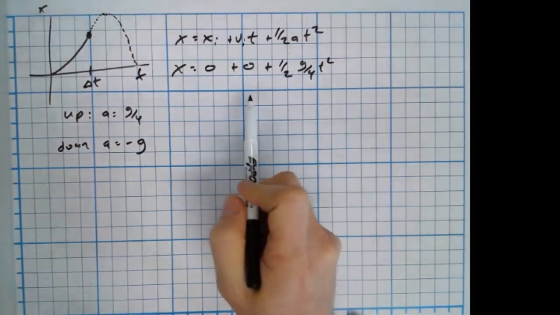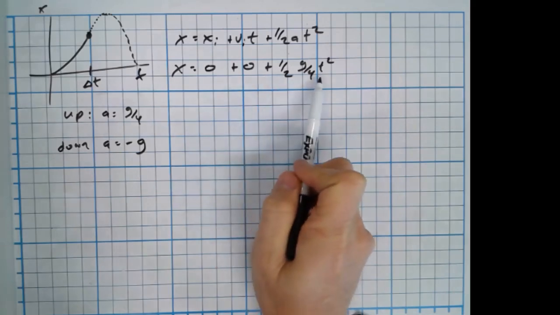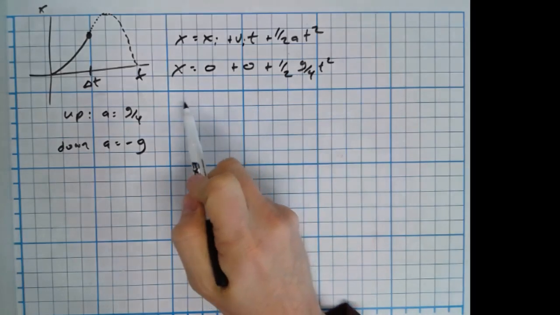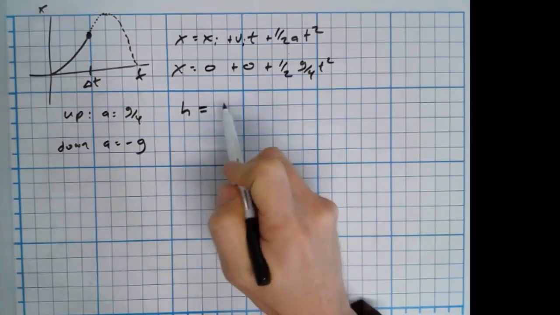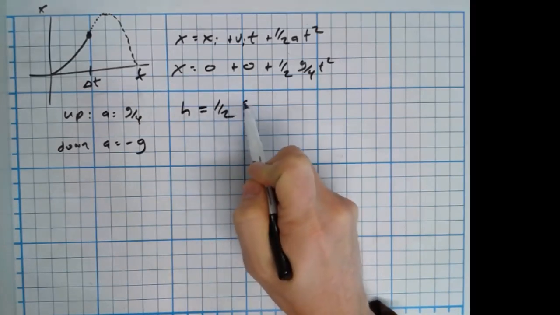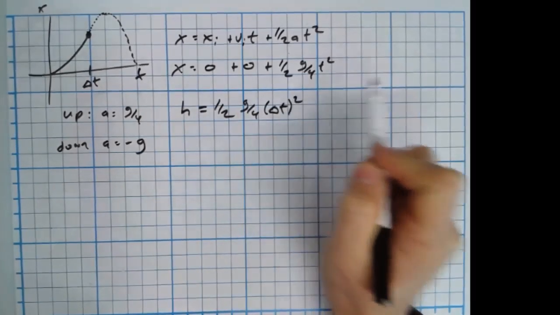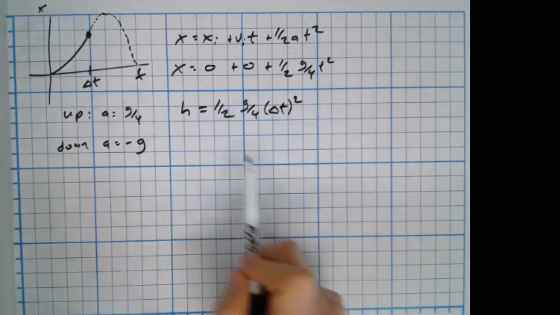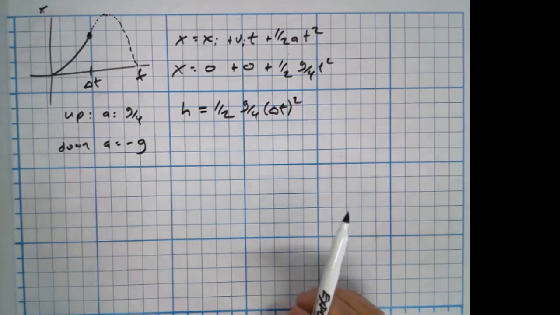But we're also given that it spends delta t in the air before the sandbag is cut loose. So that means that the height that it gets to is 1/2 g over 4 delta t squared. All right, so now we know how high it got. How fast was it going at the moment that it let go?